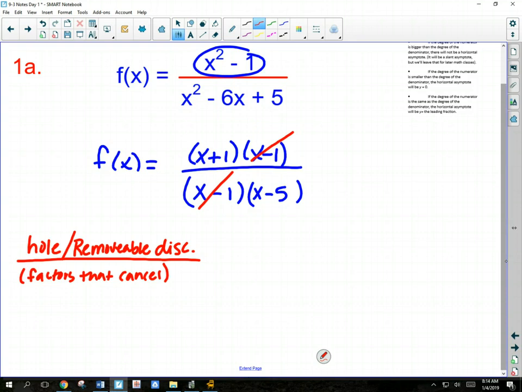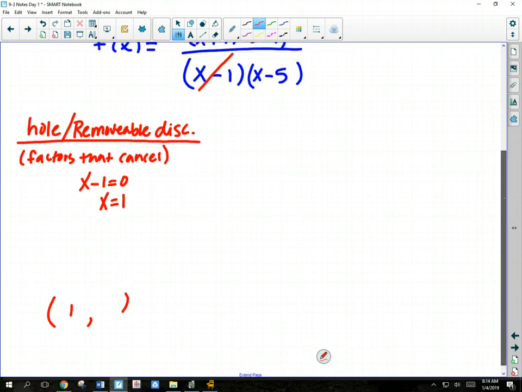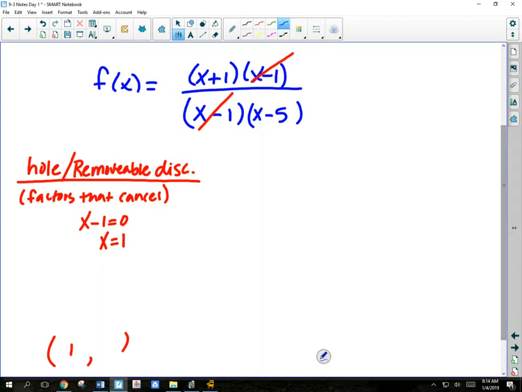What you'll want to do is set that equal to 0, and obviously we get x equals 1. So what I know is that I have a hole, and I know that the coordinate for the hole has an x value of 1. My goal is to figure out what's the y value of the hole. And the way you figure out the y value is you go back up to what's left, okay? So what's left after I cancel the factors out is x plus 1 over x minus 5.